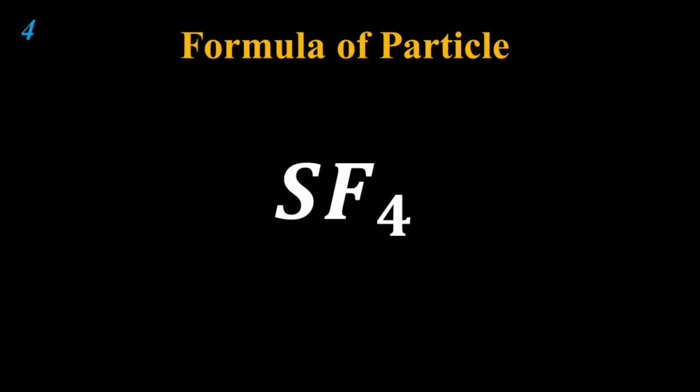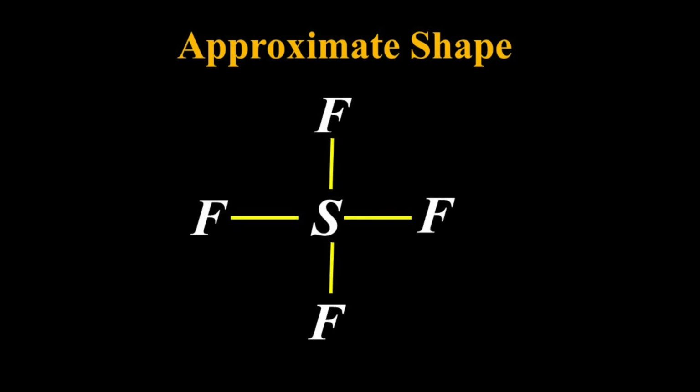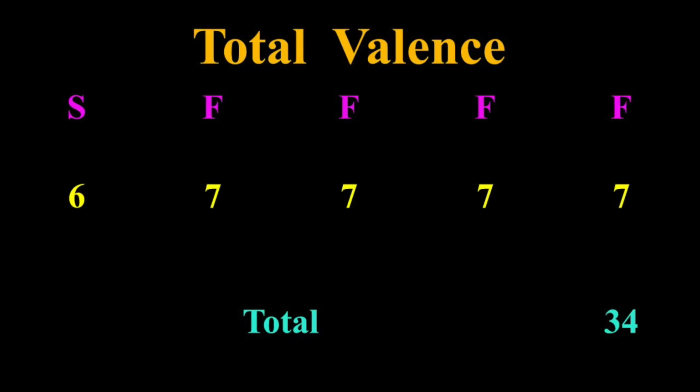Sulfur tetrafluoride is going to be SF4. So you'll make it look like kind of a tetrahedral shape, because that's all the information you have. You're going to come up with the total number of electrons, which will be 34. And then we're going to start. We have 4 bonds.